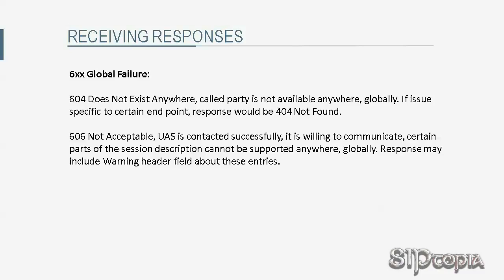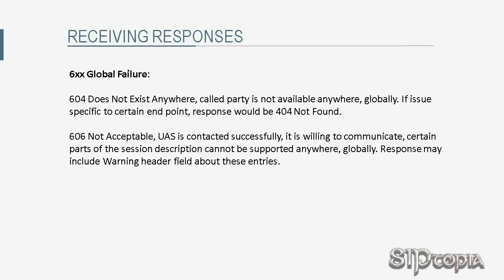The final 6xx global failure defined in RFC 3261, 606 not acceptable, is a response the user agent server could send if the user agent server is contacted successfully and it is willing to communicate, but certain parts of the session description cannot be supported anywhere globally.